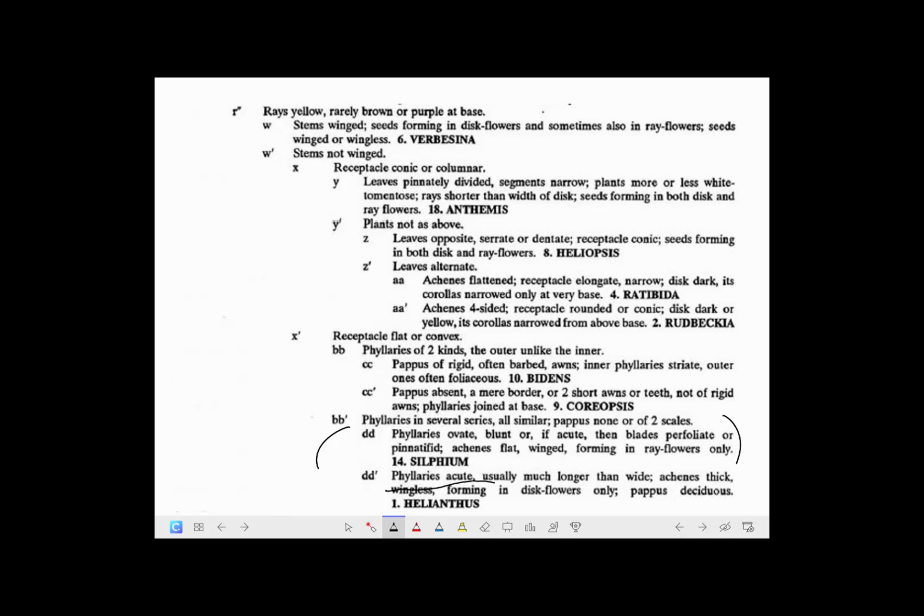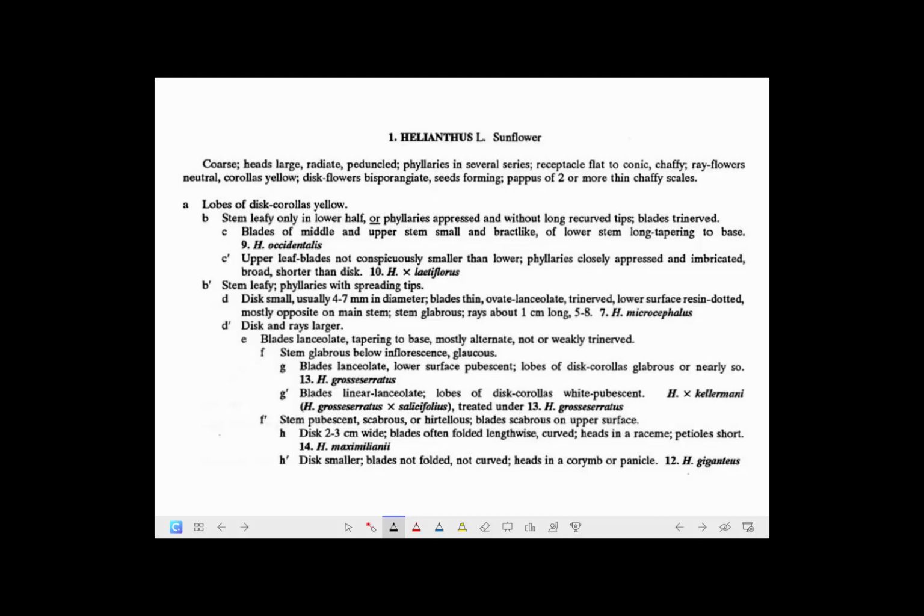It turns out that what we have here is, ta-da, Helianthus, sunflower. Helianthus, sunflower. And it's conveniently the first genus in the key. And here's a little description that no doubt matches what we have.